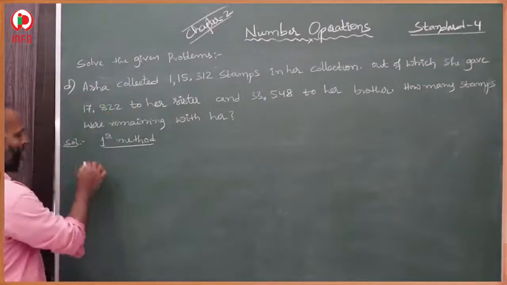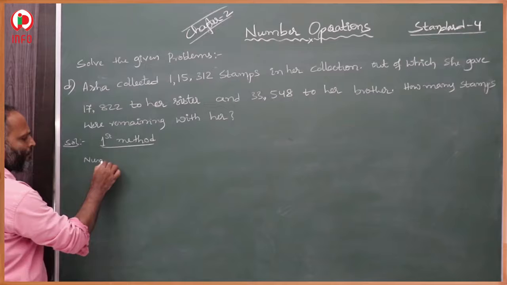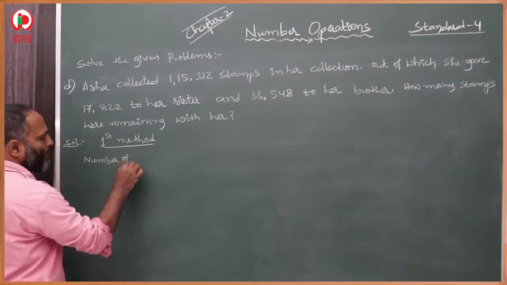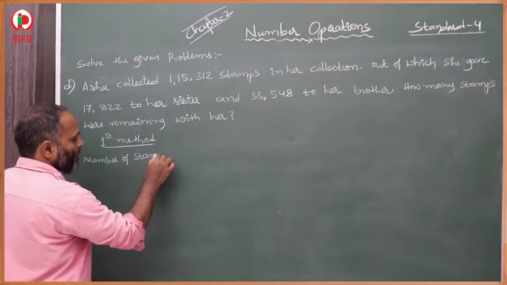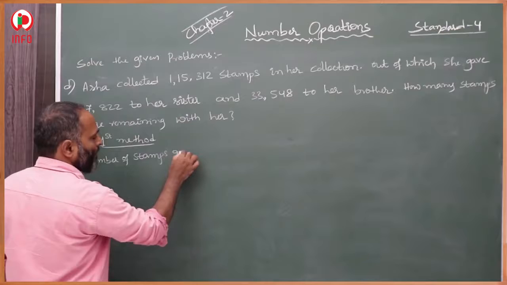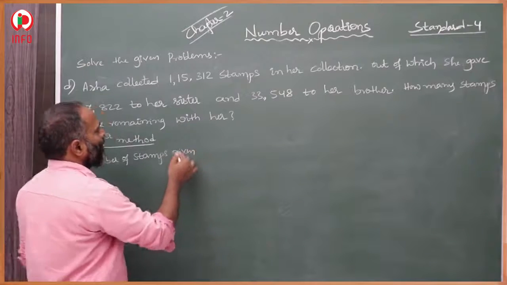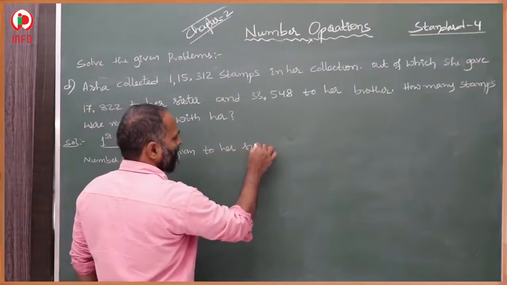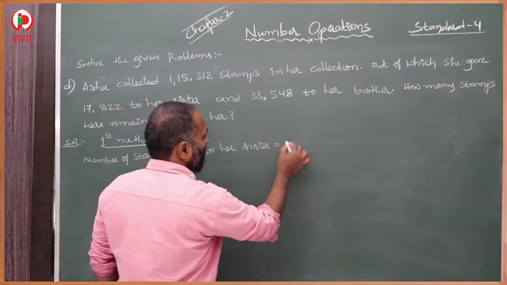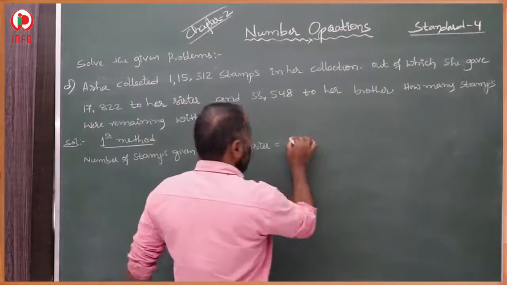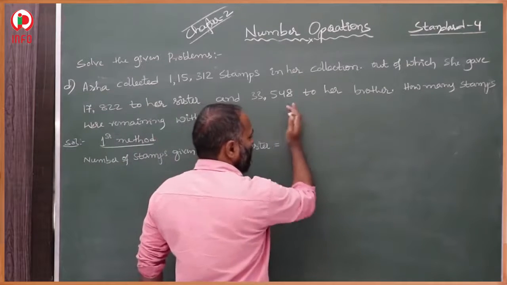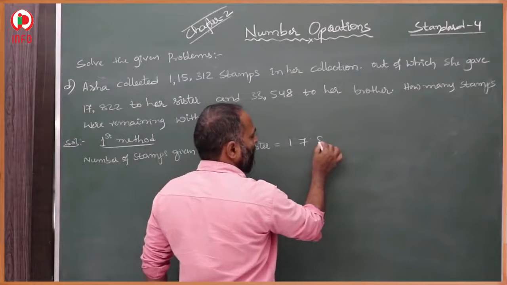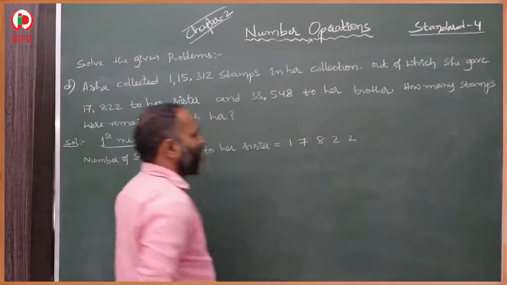First of all, we have to find the sum of the stamps given to her sister and brother. Here first, number of stamps given to her sister: 17,822. This many stamps.